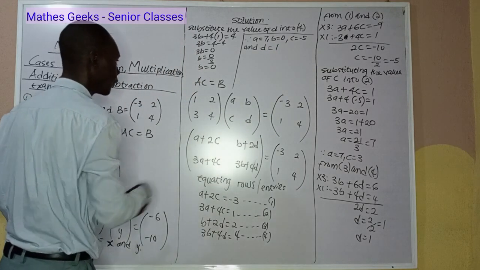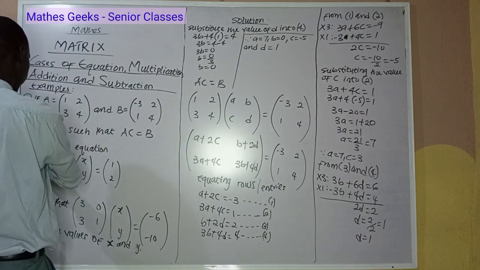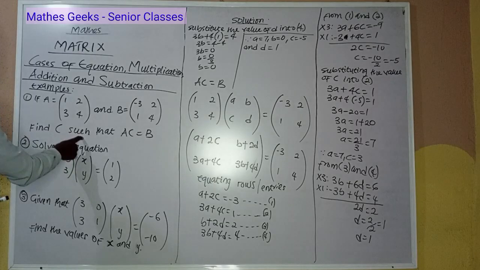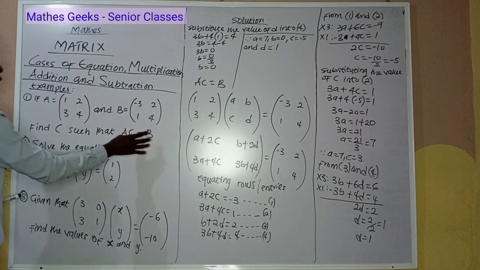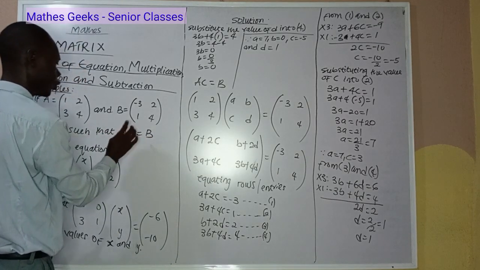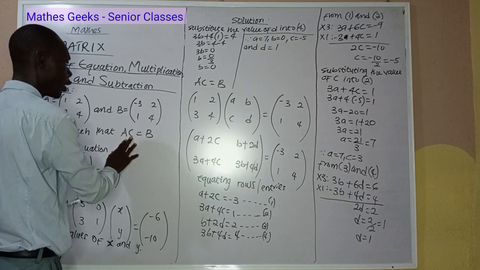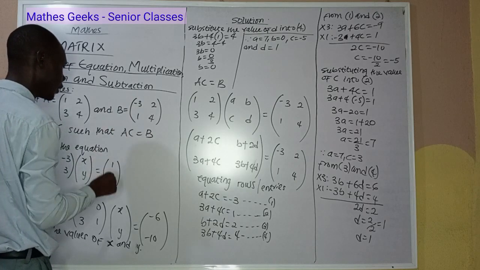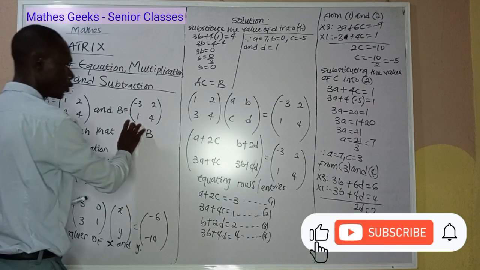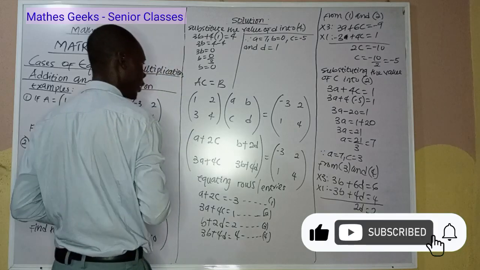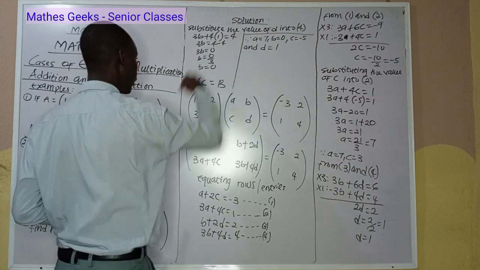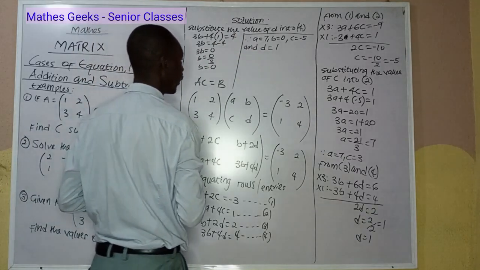So remember the matrix. Question says find C such that AC is equals to B. So let's get our matrix C. We initially use the letters a, b, c to represent matrix C. So let's get the matrix C that has the values instead of letters representing values.